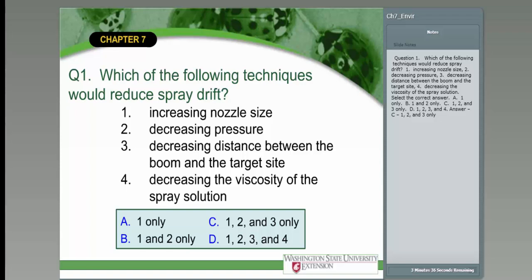A is 1 only. B, 1 and 2 only. C, 1, 2, and 3 only. Or D, 1, 2, 3, and 4. The correct answer is C, 1, 2, and 3 only.